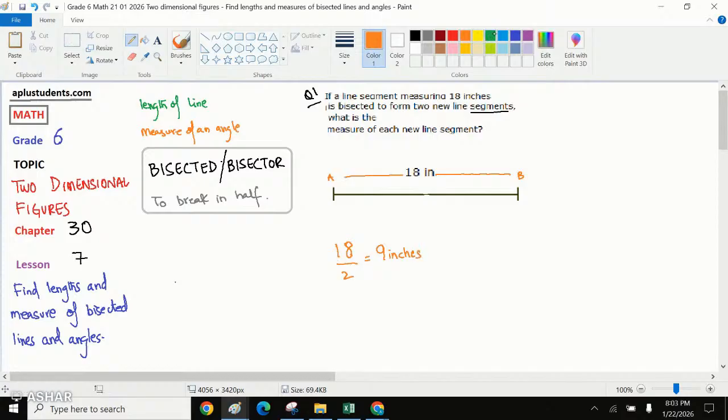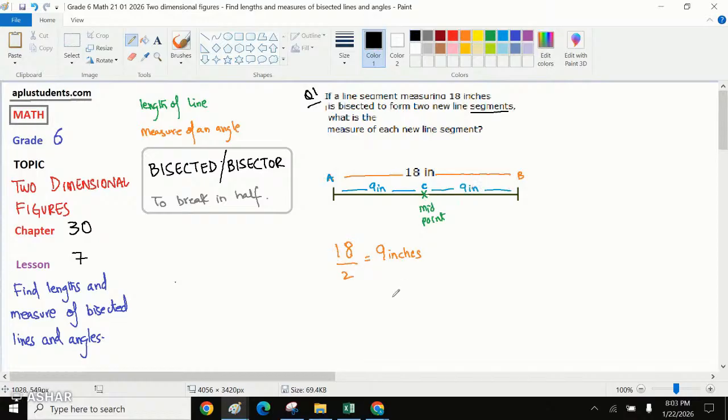So we mark it at the midpoint. This point would be the midpoint of this line, and we can say that this length is now 9 inches from here till here. If we say this is point C, the length of A to C is 9 inches, and from C to B, this is also 9 inches.